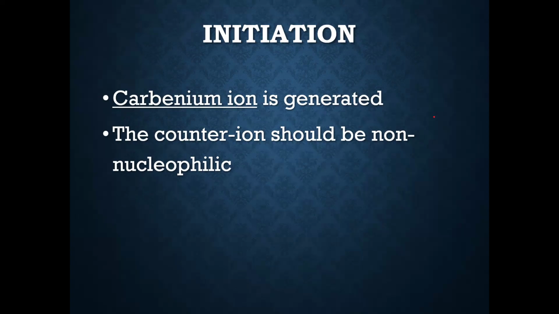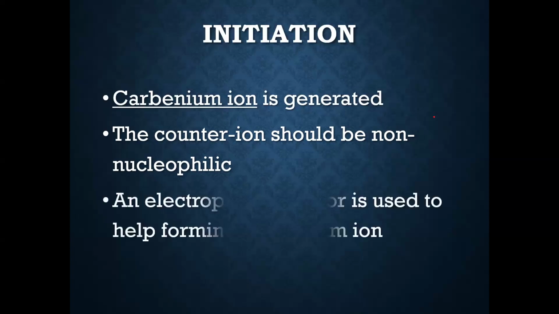In the medium, there will be a counter ion, but it shouldn't be a nucleophile because nucleophiles are rich in electrons, as you know. So if I have a substance which is rich in electrons in the medium, it can trap the carbonium ion and the reaction will not proceed. It will stop here. It will be terminated in the initiation step and no polymer will be formed, of course.